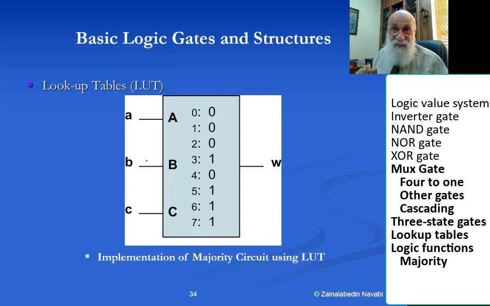So you have 3 address lines. Address 000 points to location 0. Address 001 points to location 1. Address 111, that means ABC is 111, points to location 7.